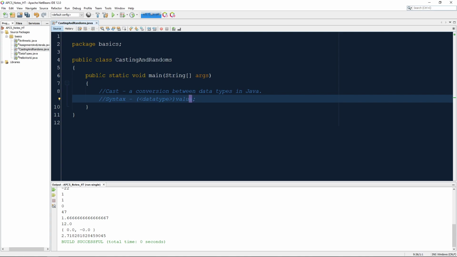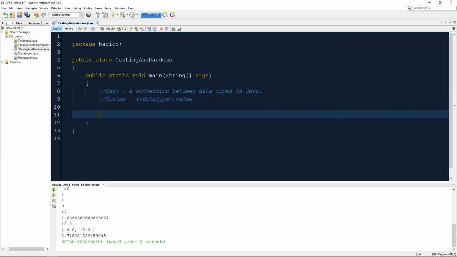Again, this is usually on the right side of an assignment or in a mathematical expression. Generally, we're converting this value into this data type. We'll see some examples and point out some things about, one, its precedence, and two, its associativity.